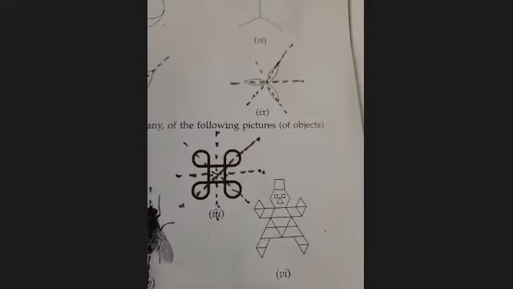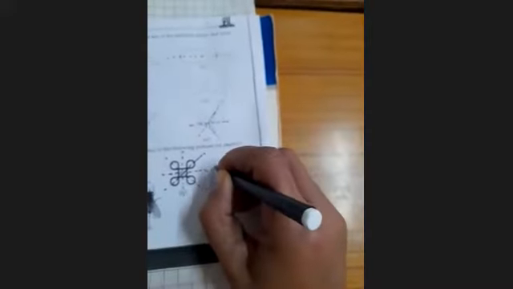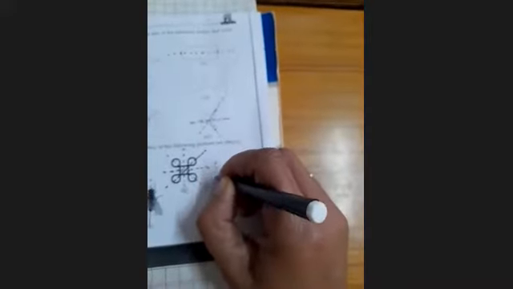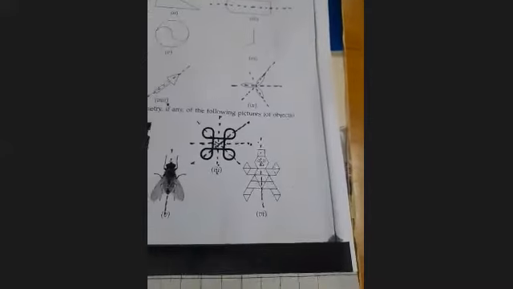Next is the sixth. Again, divide this figure into 2 equal parts. Fifth and sixth both have 1 line of symmetry.